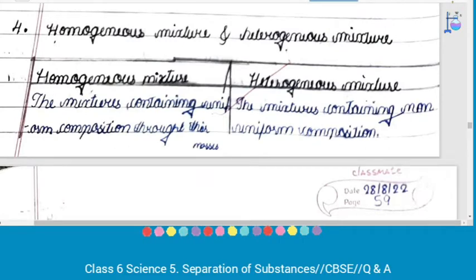Fourth difference, homogeneous mixture and heterogeneous mixture. What is homogeneous mixture? The mixture containing uniform composition throughout their masses is called as homogeneous mixture. Heterogeneous mixtures are the mixtures containing non-uniform composition.